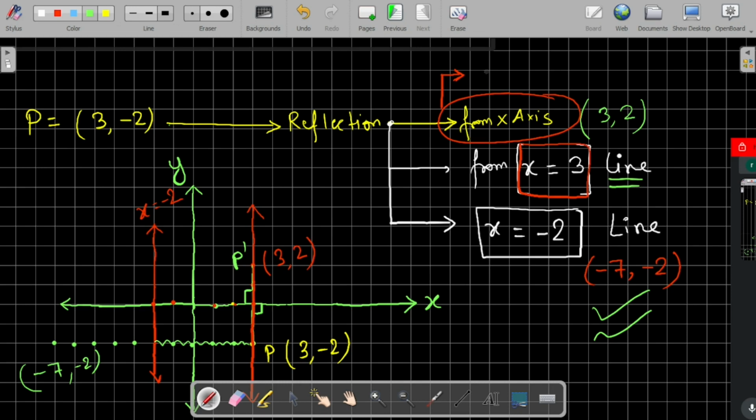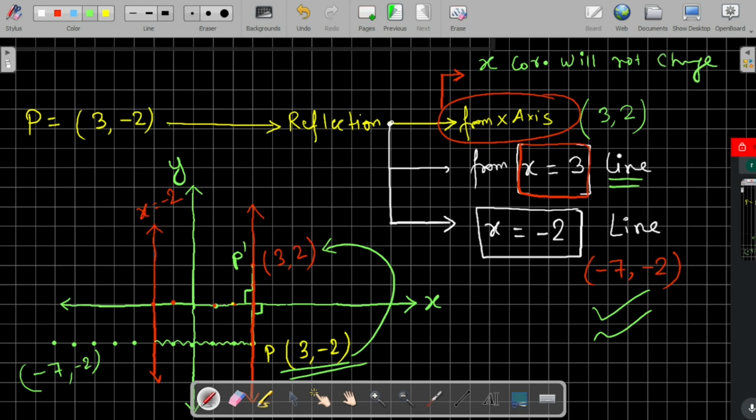The image of 3 comma minus 2 will become 3 comma 2. So the first conclusion is, to get the reflection from the x-axis, please take care, the x coordinate will not change.